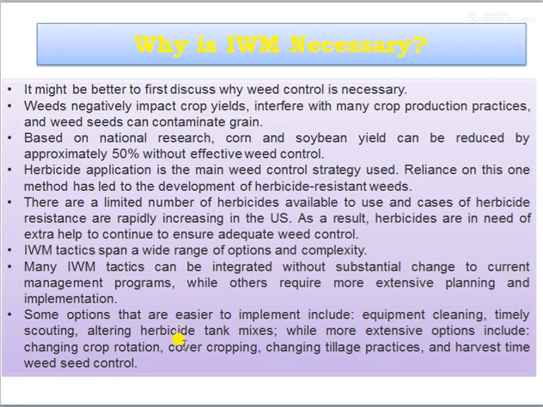Some easier options include equipment cleaning, timely scouting, and alternating herbicide tank mixes, while other more expensive options include changing crop rotation, cover cropping, changing tillage practices, and harvest time weed seed control. This is why the IWM is necessary.